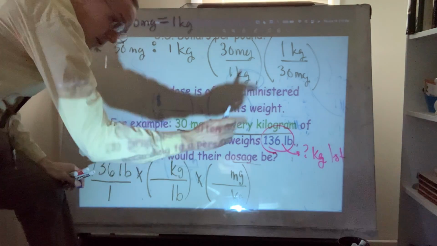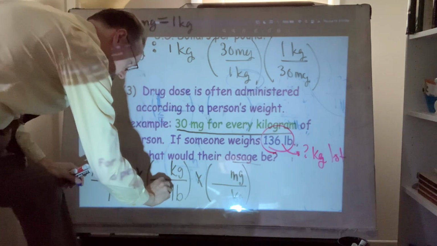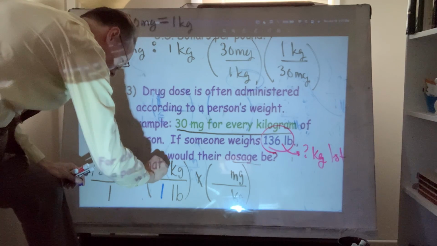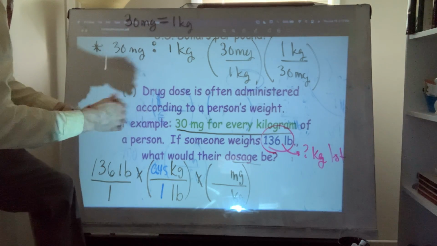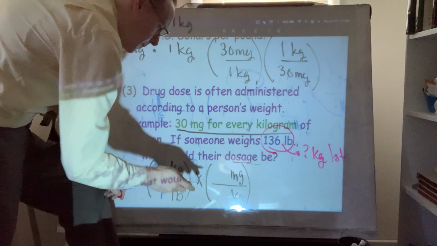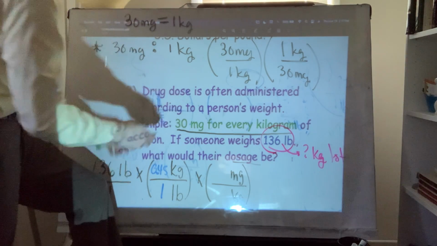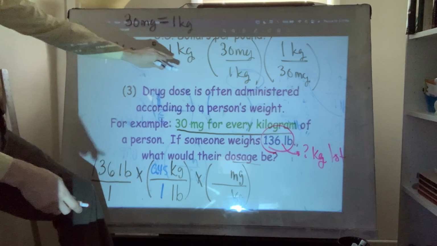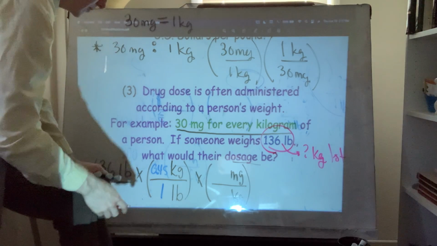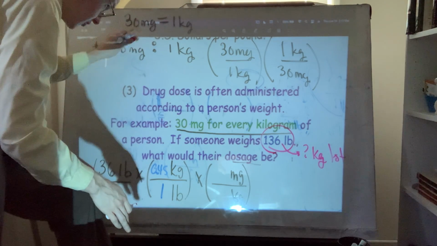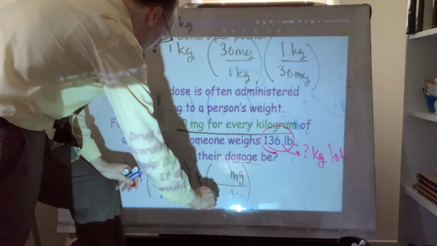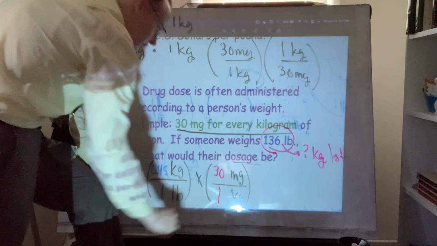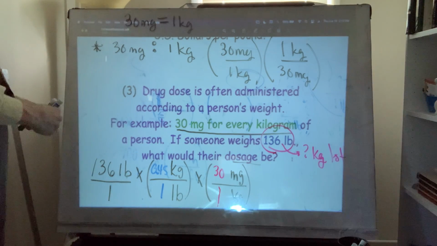Again, from the table that we have provided, 1 pound is 0.45 kilograms. And then this ratio, even though it's not true under ordinary circumstances, for this particular problem, it's 30 to 1. We're converting 1 kilogram to 30 milligrams, for all intents and purposes.